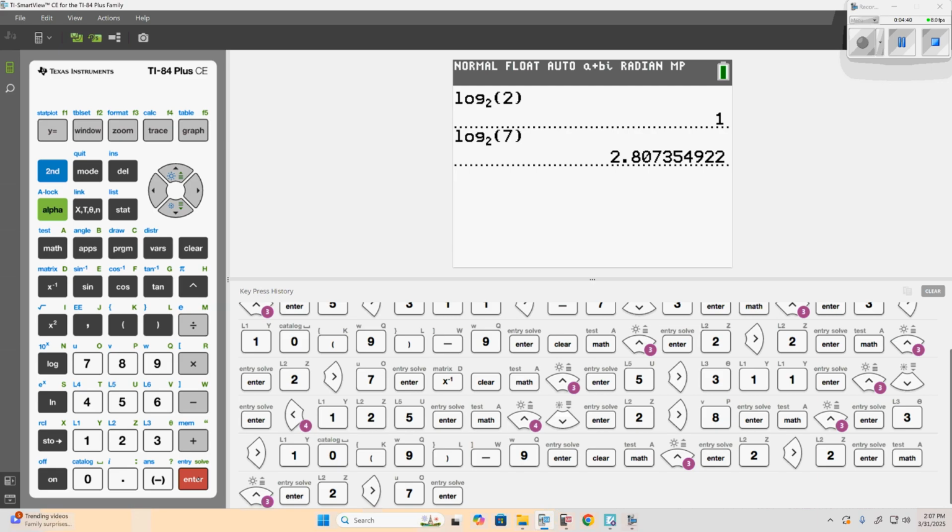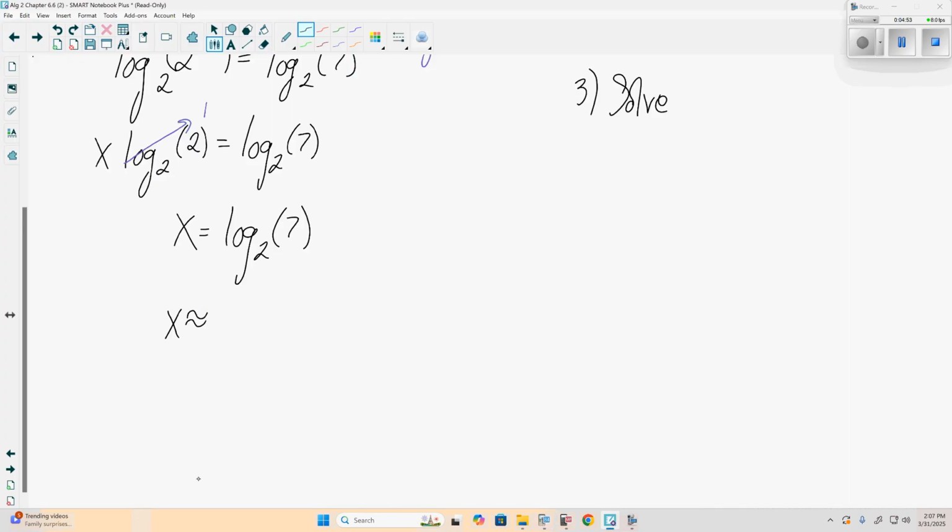Again, it is not going to be a whole number because when we tried to approximate 7 as 2 to a power, 2 to the second was too small, 2 to the third was too big. So it is going to be between 2 and 3, which it is, 2.807. And that's it. Questions on this here?